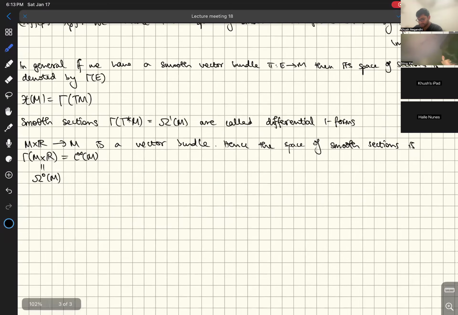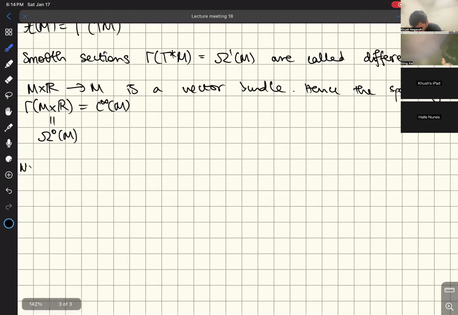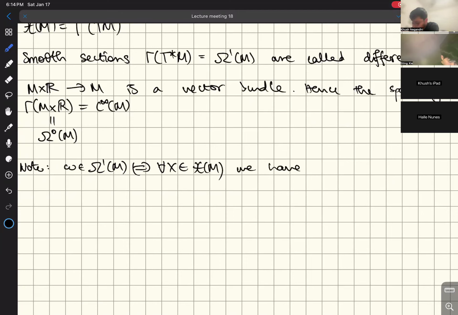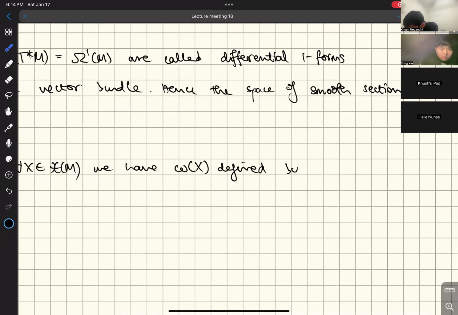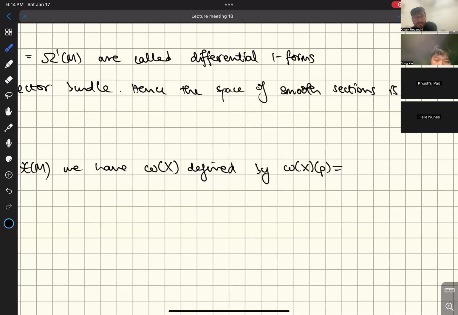One thing to note: omega is a smooth one form if and only if for all X in this, omega X, defined by omega X at the point P equals omega P of X P, is smooth.